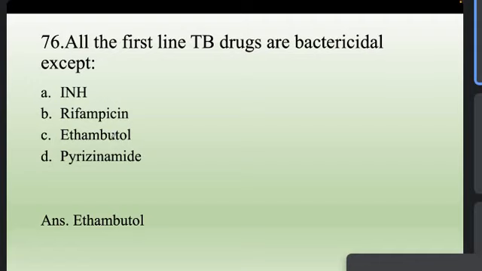Ethambutol will help in reducing the growth, not by killing completely. So that is why combination therapy is always given. So the answer is ethambutol. Okay, next one.